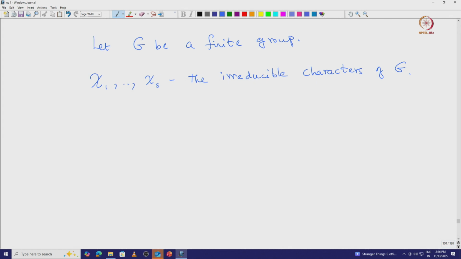So, we denote them by V 1 etc V s. Here s we want to determine, that is exactly the number of irreducible characters of G.